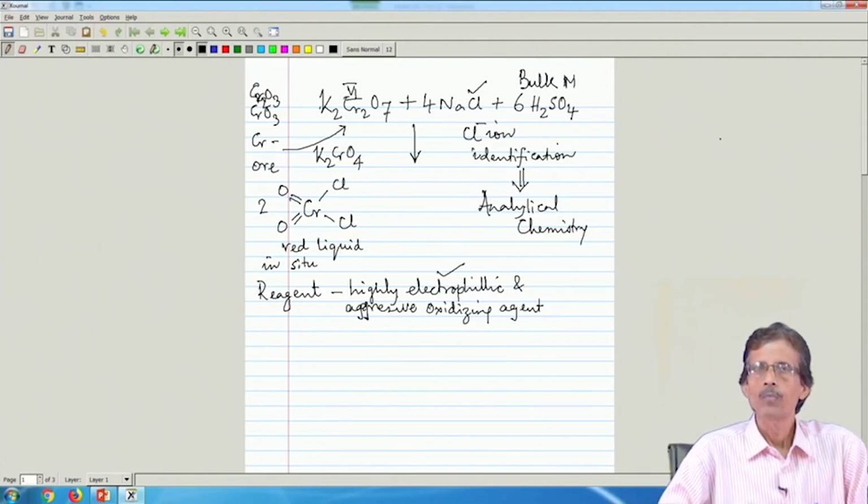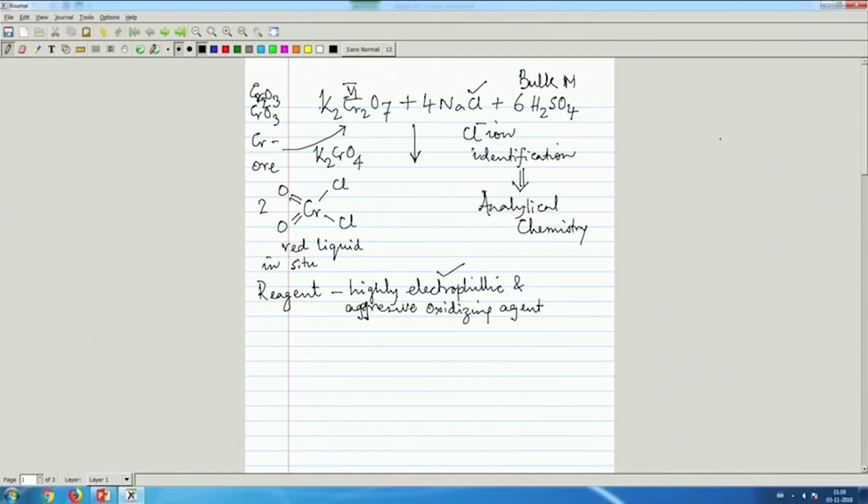Why not? Because hydrochloric acid will have the corresponding chloride ion. That chloride ion from the acid source, if it is available, goes for oxidation. But we already have plenty of chloride ions, which can go very nicely with the sulfuric acid, though the sulfate ion is not taking part in this particular reaction.